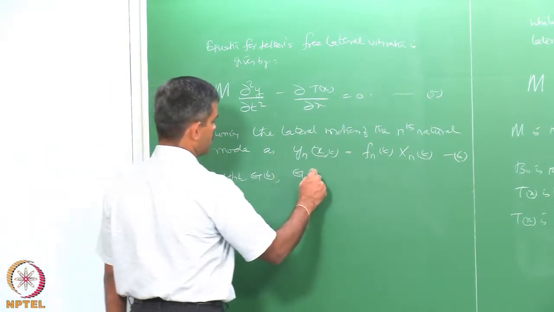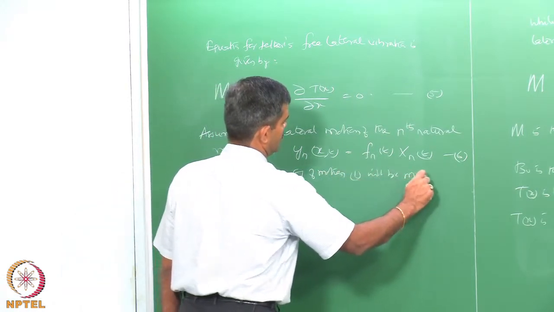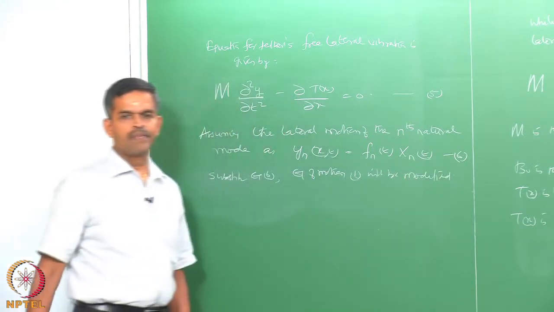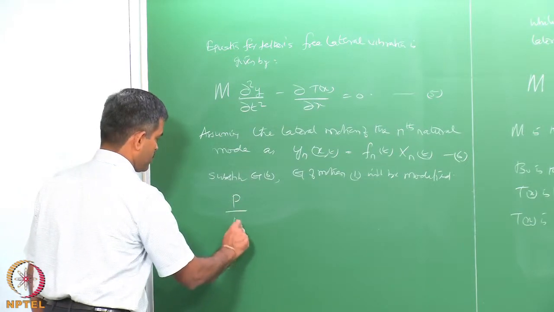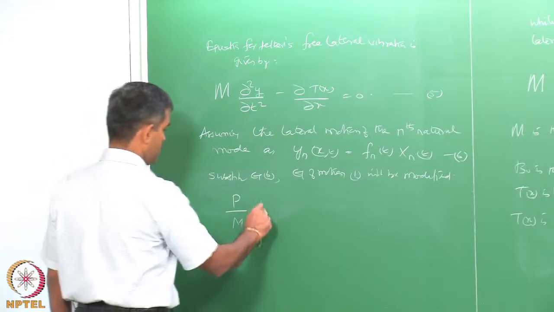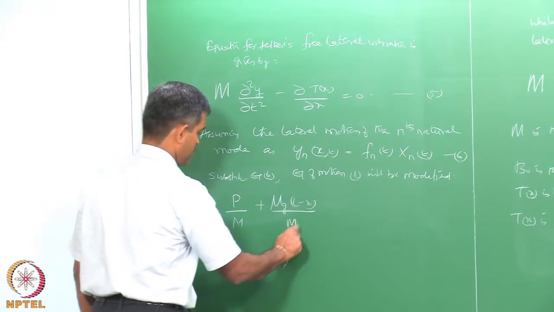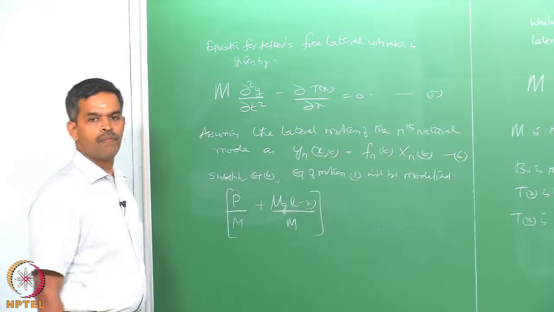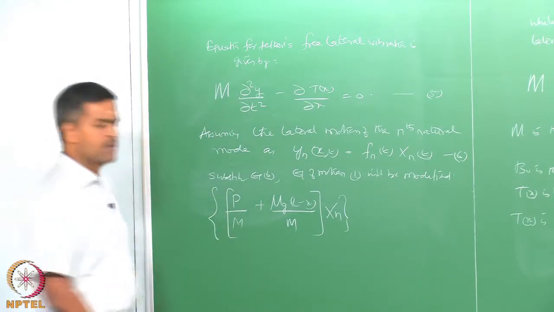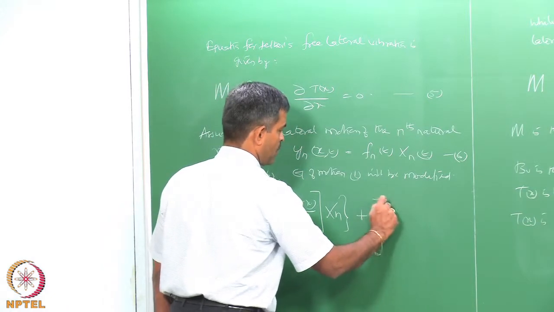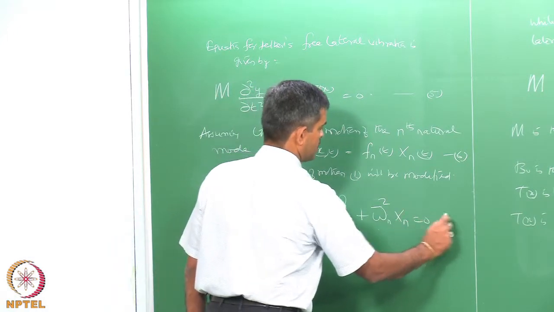The equation of motion what initially we proposed in equation 1 will be now modified as (P/m plus mu g (L minus x)/m) of Xn plus omega square Xn is 0.